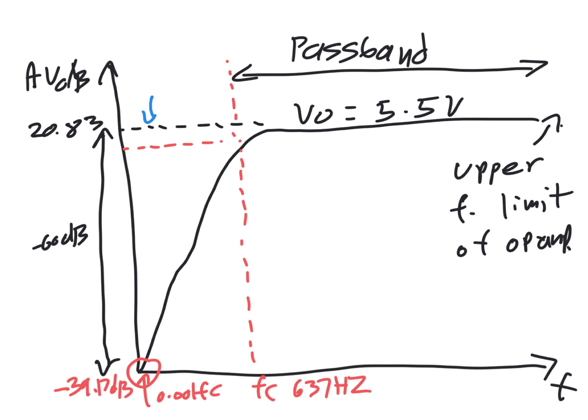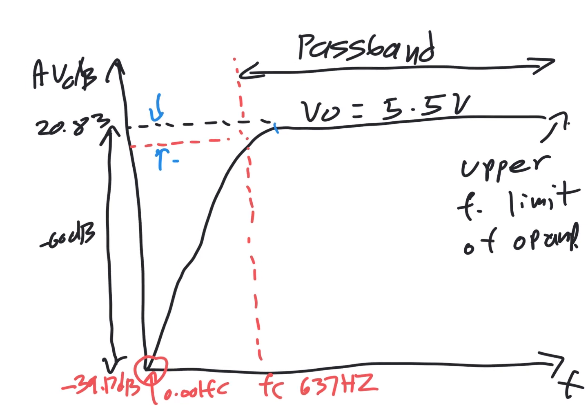Okay, so this is the minus 3 dB point. So that means at FC, which is right there, the gain is 20.83 minus 3, so 17.83 decibels.